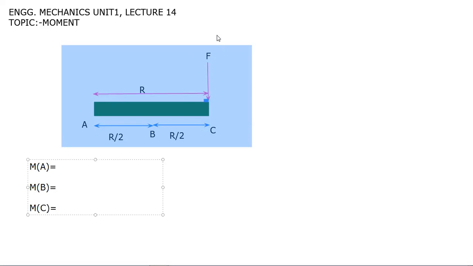Now this F multiplied by R will be the moment by the force F about point A. At which point you are going to calculate the moment is most important. Only the moment is not important; the point about which it is calculated is important.